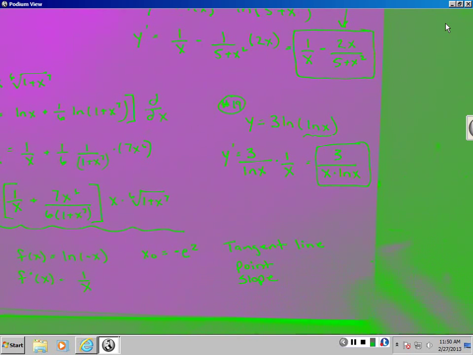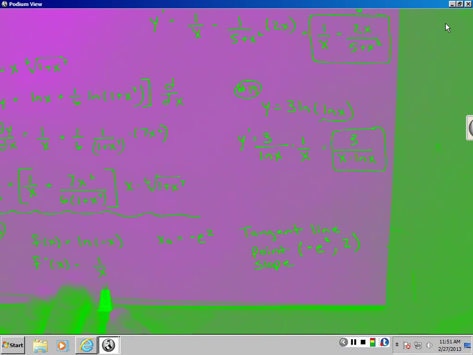Nothing's new. We just have new functions to deal with. What is my point going to be? Minus e squared is my x point. What is my y point? I plug this in, ln of negative e squared. What's ln of e squared? 2. Yeah, ln of e is 1, and then the 2 gets pulled down, right? So this would be my point.